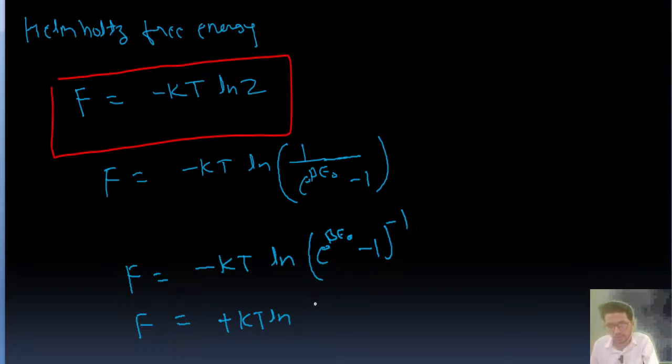So this is e to the power beta E naught minus ln 1. ln 1 value is 0, so I can write it like this. This value is going to be KT ln e to the power beta E naught minus 1.